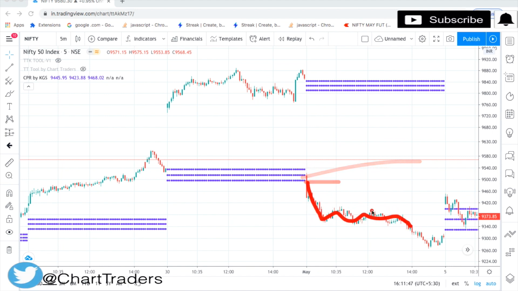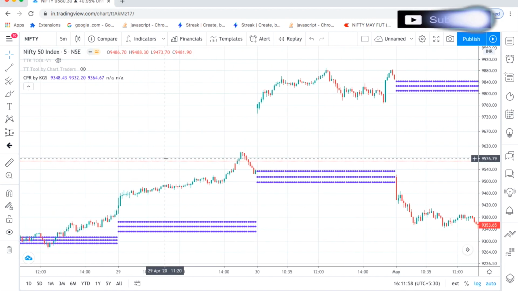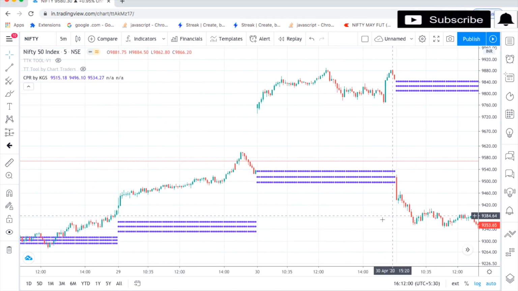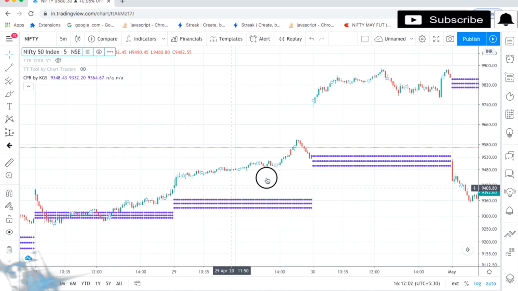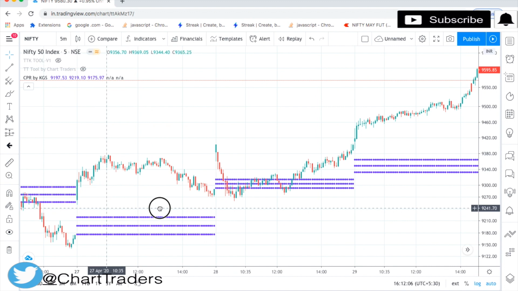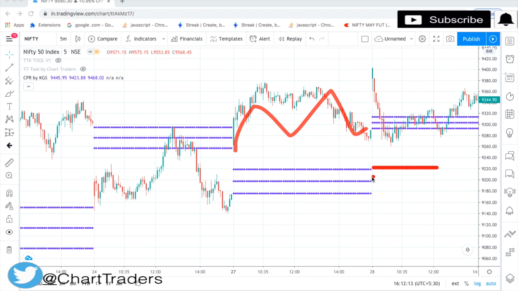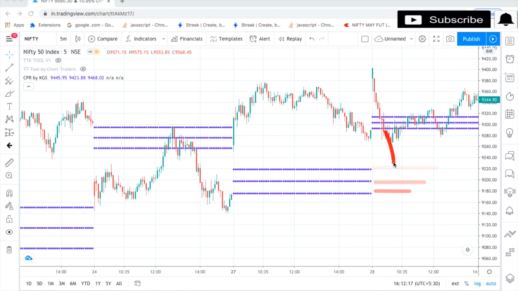The first 5 minute close is below the CPR line, and it came down again, so this is a false signal, but you can avoid it, we will see later on. Here price is above the CPR, but on the next day the price does not come to this level, otherwise we would buy here.